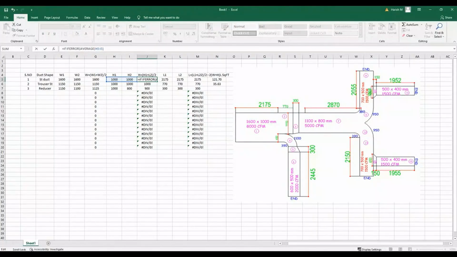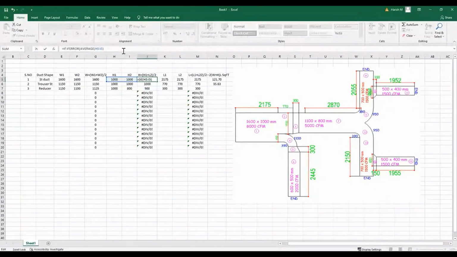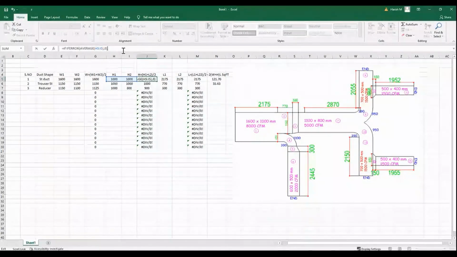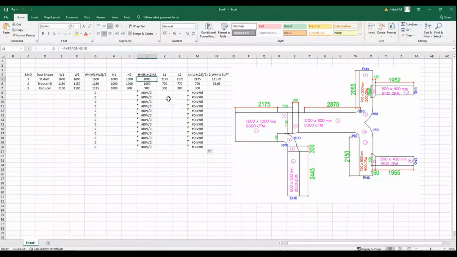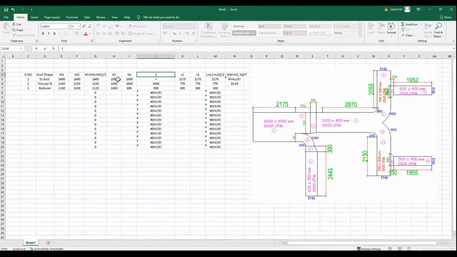If error, comma 0. एक काम करो, equals to this plus this divided by 2.